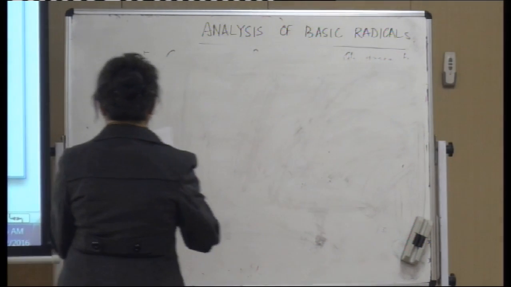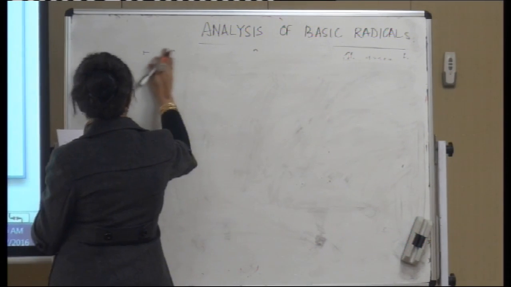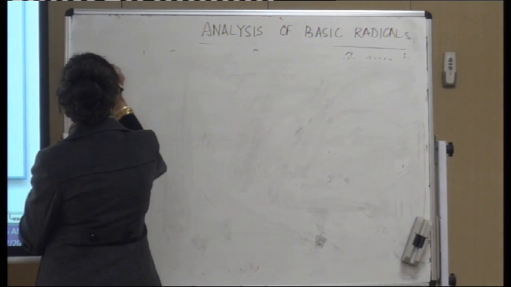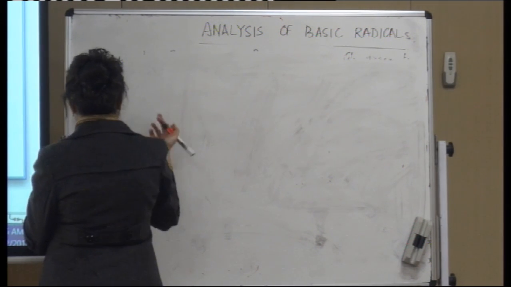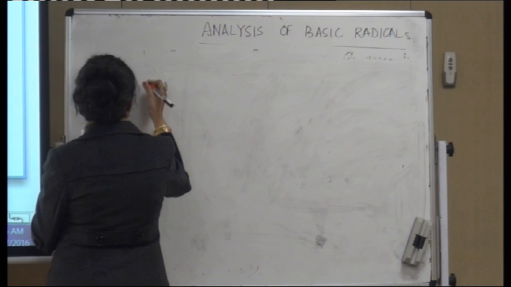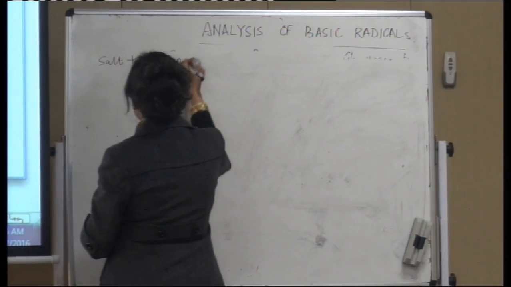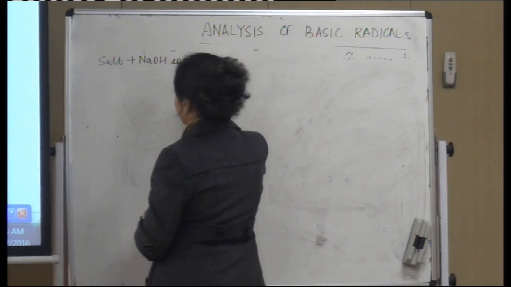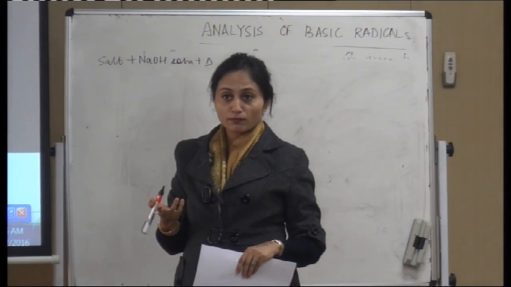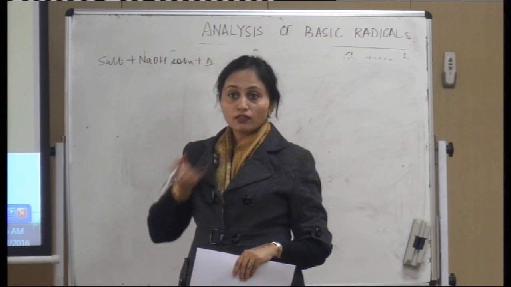The very first one is the test of the basic radicals, wherein we take salt plus, I am discussing ammonium ions presently, NaOH solution. And if there is a need, you can still heat it, because sometimes ammonia may not come out. You can just heat it to get the smell.